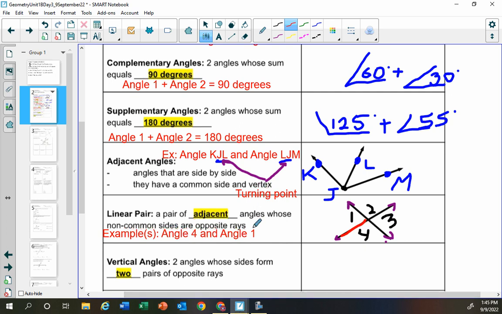They share a side. What could also be a possible option for 4? 3, yeah, 4 and 3. You could have had 4 and 3 in that conversation as well. Good. So adjacent means it's going to be next to.